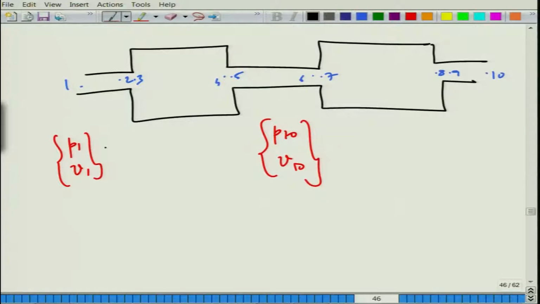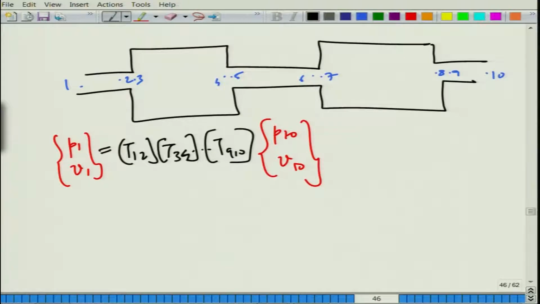We could get T12, and between 2 and 3 for a stationary medium, it is related by an identity matrix, if you recall. So, T23 is the identity matrix. So, one needs to write the transfer matrix between 3 and 4. Like this, if we keep multiplying, we will get the things up to T9,10.